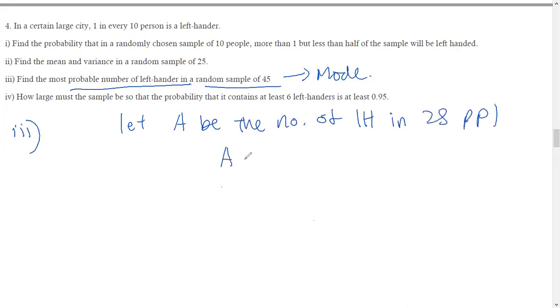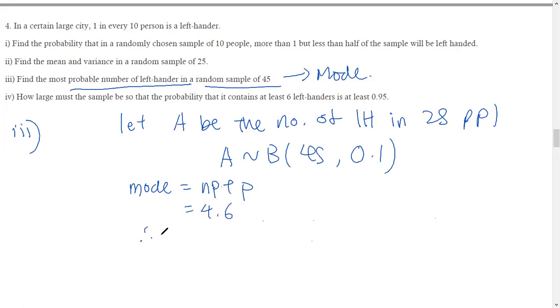So A follows a binomial of 25 and 0.1. How do we get the mode? We can use the formula that was provided just now. The mode can be calculated using np plus p, which gives us the value of 4.6. Therefore, the mode will be rounded down, which is equal to 4.